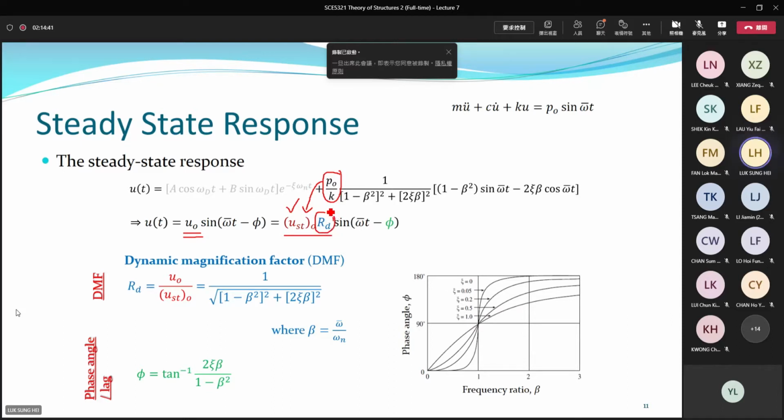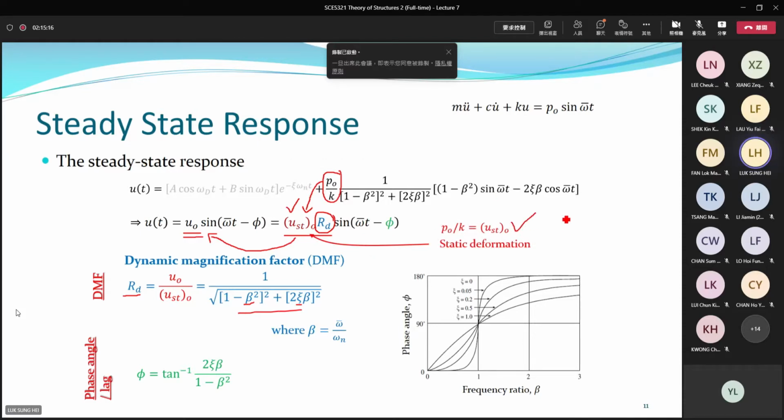A static response amplified by a magnification factor, RD, gives you the dynamic vibration amplitude. As I mentioned in the descriptions, RD is like a factor to account for the dynamic effect. It will amplify the static displacement n times bigger than the static value due to dynamic effect. This factor can be calculated using beta and the damping ratio.